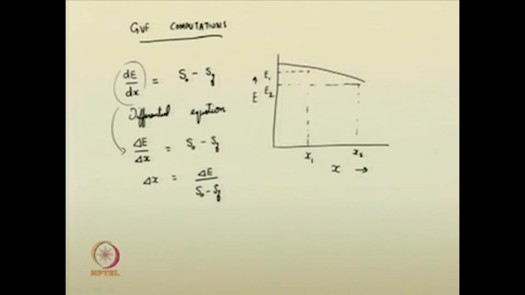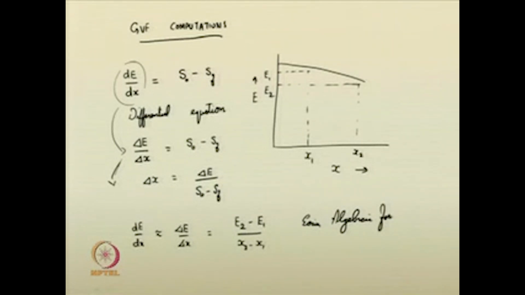So, what this approximation does is that the slope of the curve, d E by dx, is now approximated by del E by del x, which can be given as E 2 minus E 1 by x 2 minus x 1. Now, this is an easier algebraic form, right.